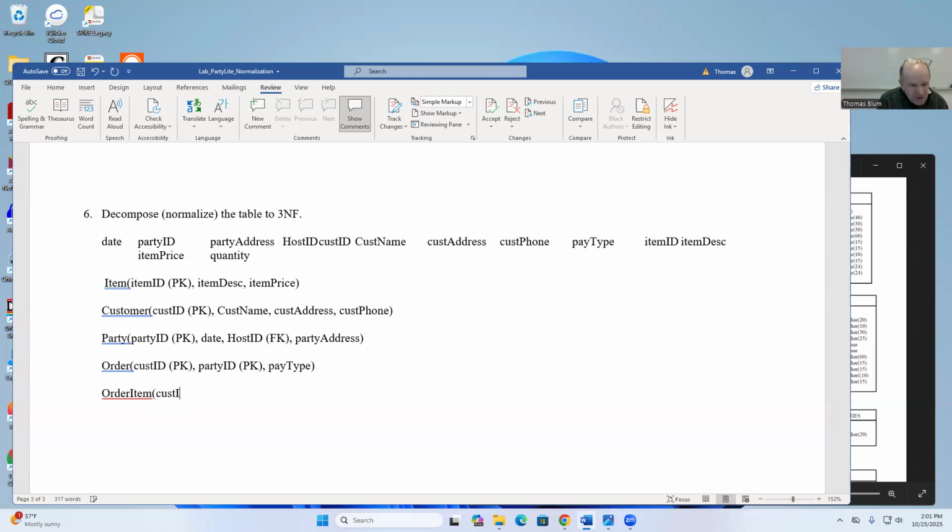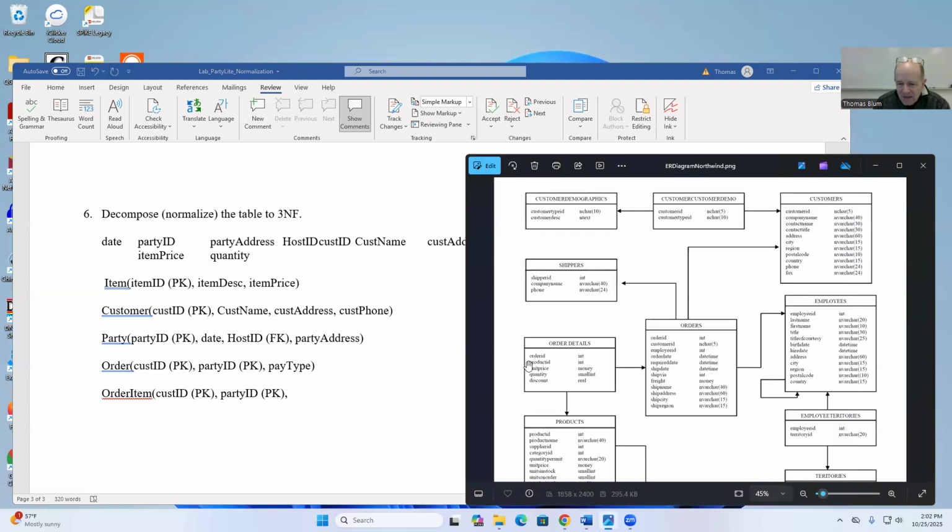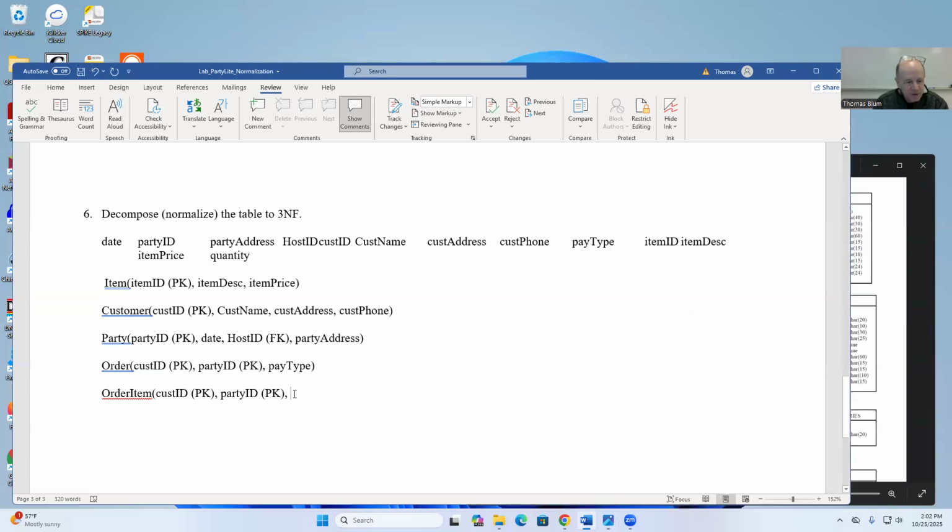So identify the order by the combination of party ID and customer ID. So we're thinking about introducing an order ID, and then what else is in order details, the product ID, which we call the item ID. And that's where the quantity went.